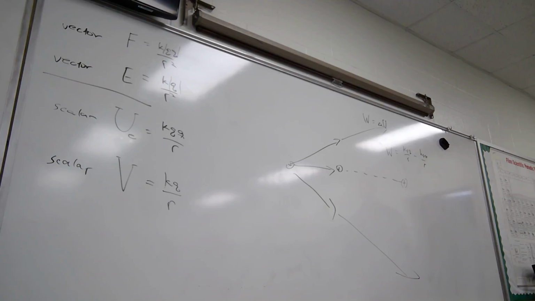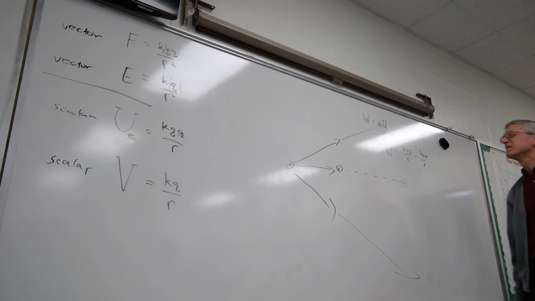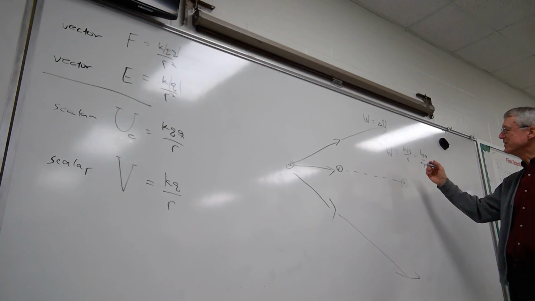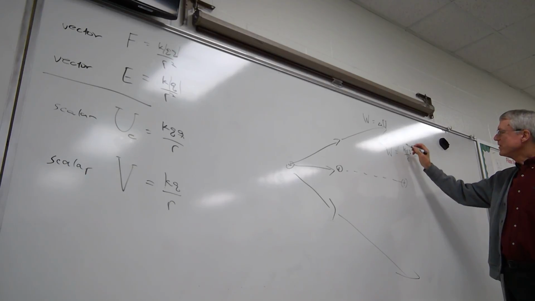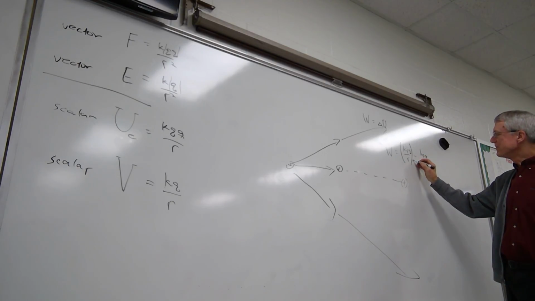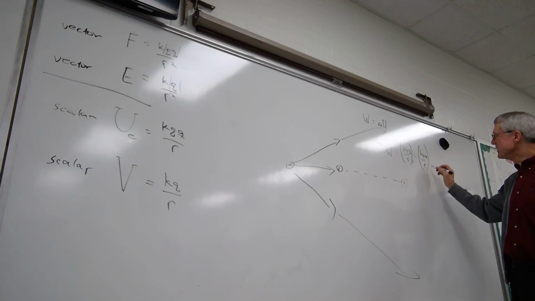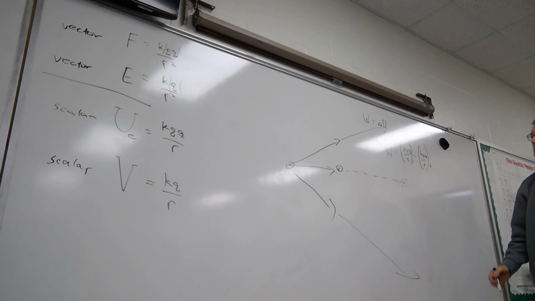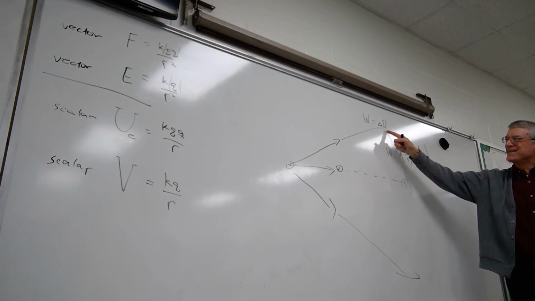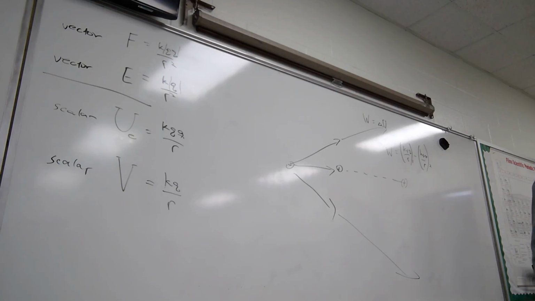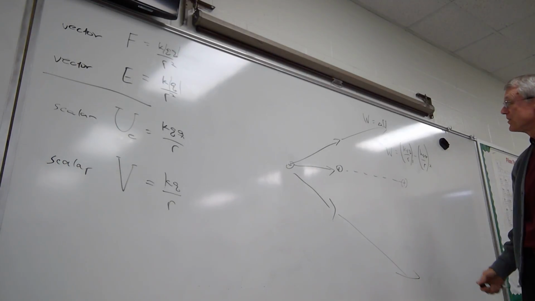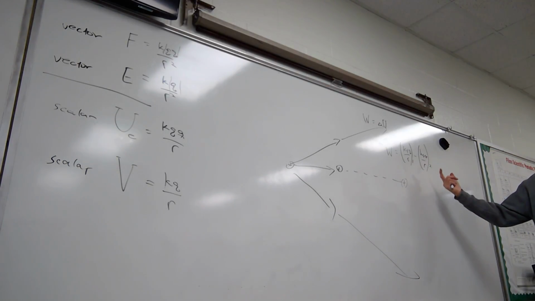What makes this a little different is that this would be the potential energy in the first position and this would be in the second position. Most of the time, delta anything is the second one minus the first one. We've done delta V, we've done delta U, we've done delta lots of things. And it's always the second one minus the first one.